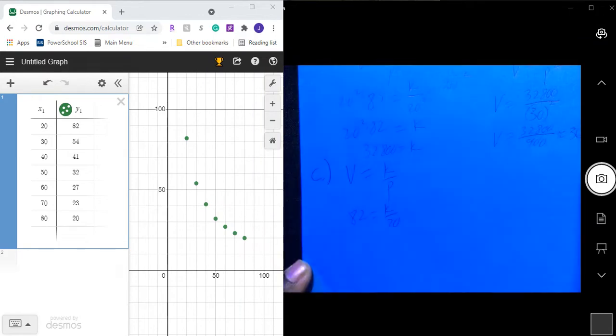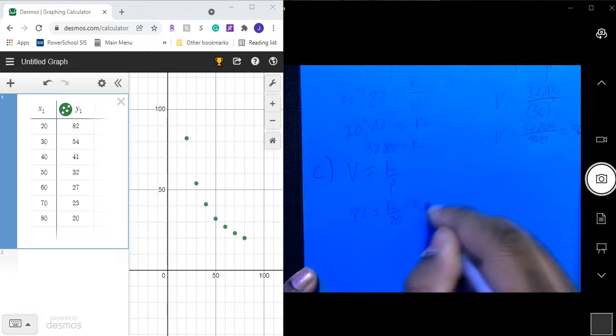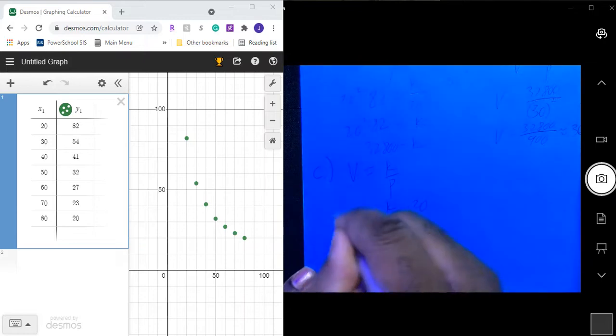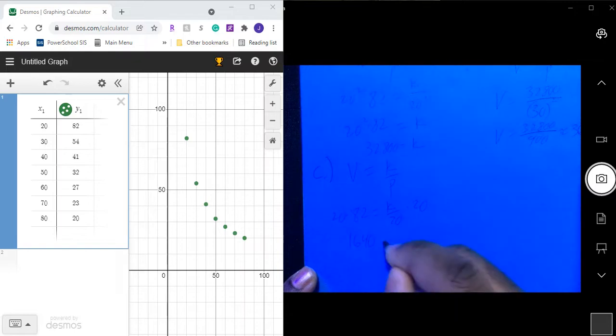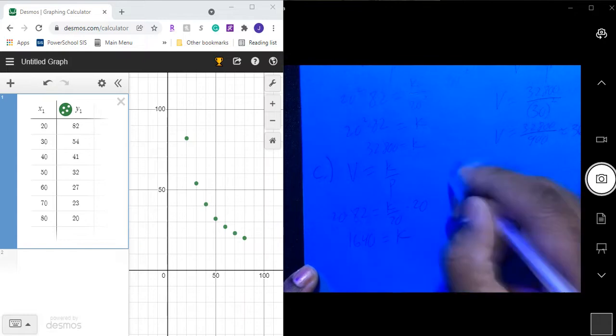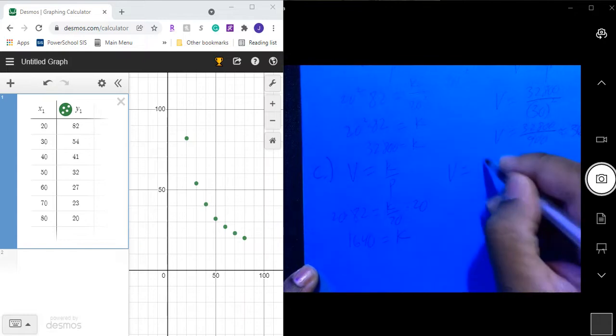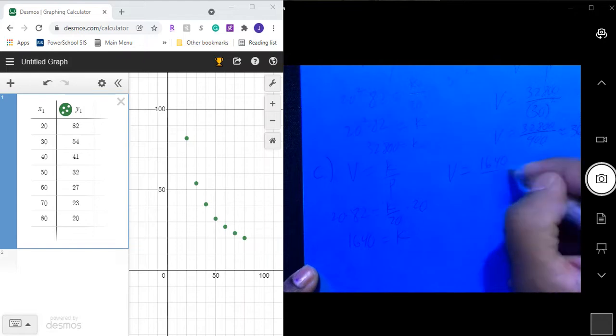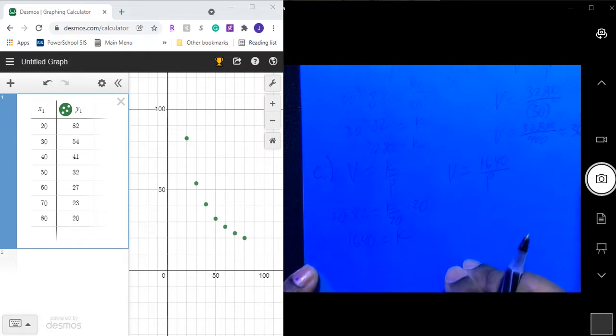Oh, for some reason, the camera went kind of light on me. All right, so we'll multiply each side by 20. If we multiply 20 times 82, that gives us 1,640 is equal to K. So our new formula would be V is equal to 1,640 over P.